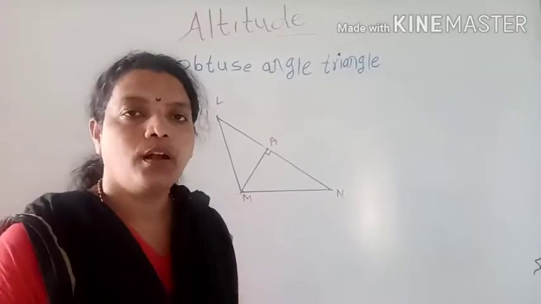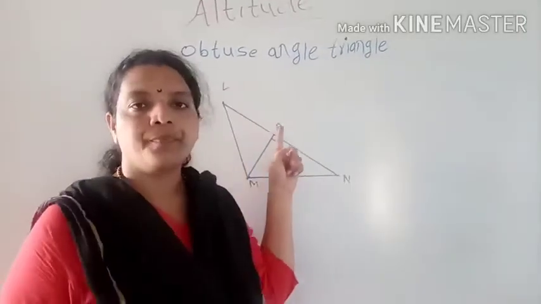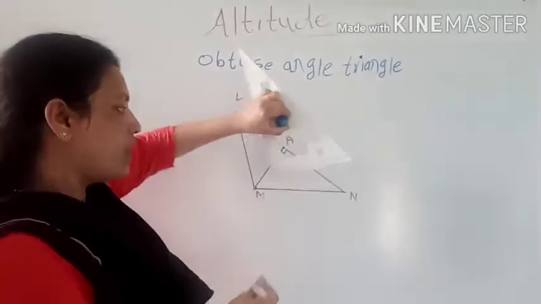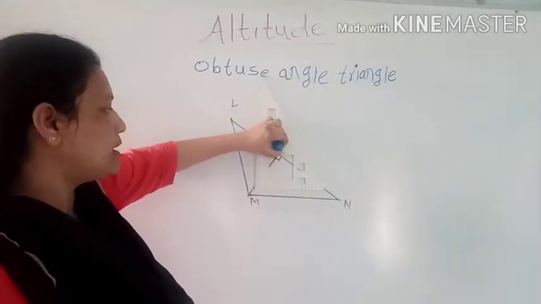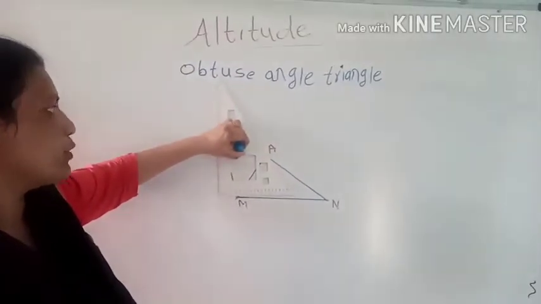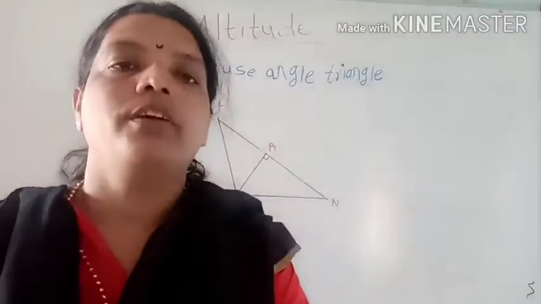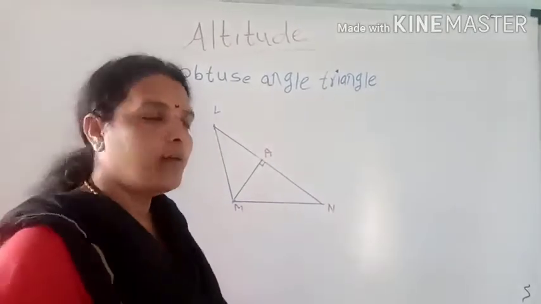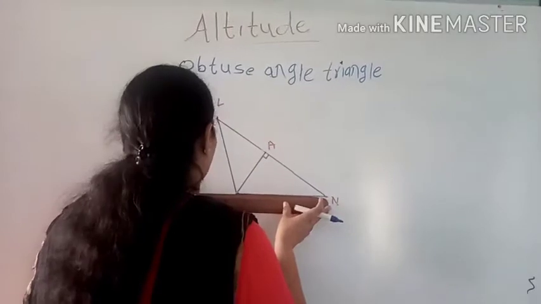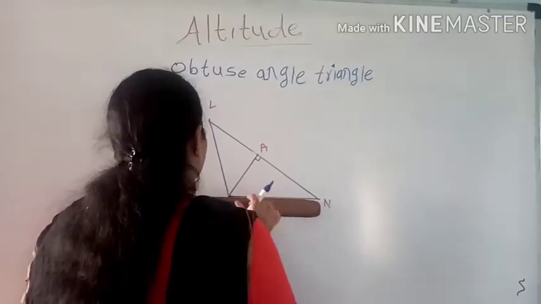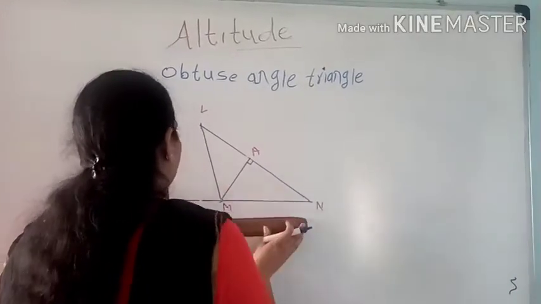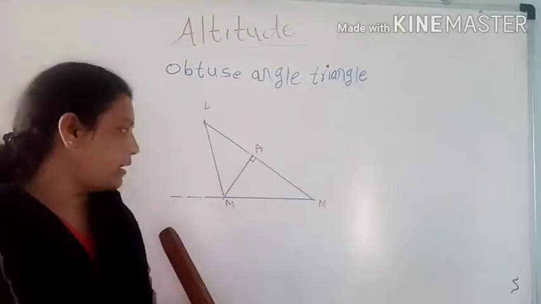Now we will draw the altitude from point L. Now students, if you observe, if we take this perpendicular end on MN, to draw the perpendicular the side is getting over. So to draw the perpendicular, we have to extend side MN. So I extend side MN.